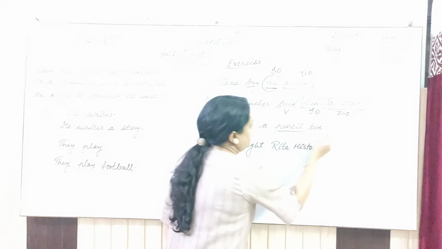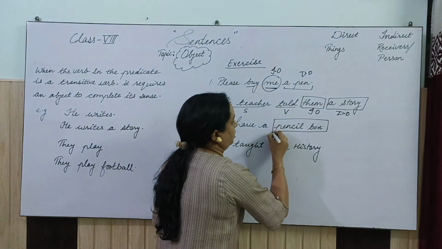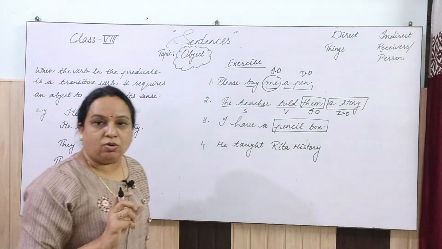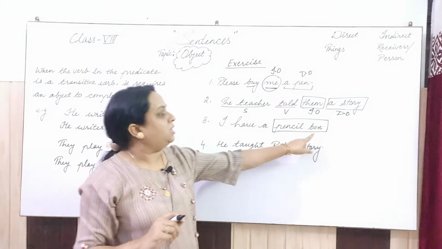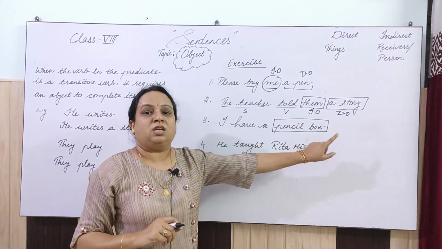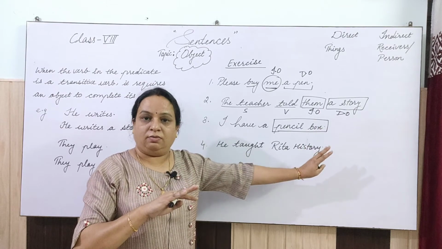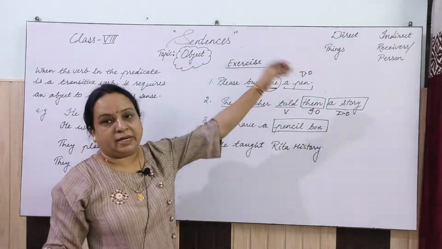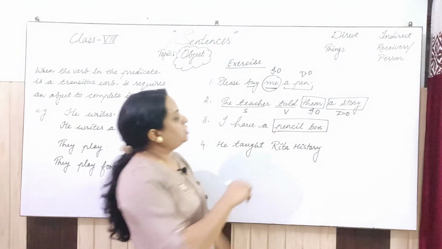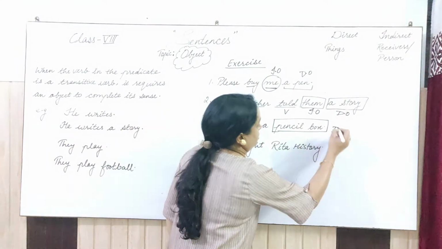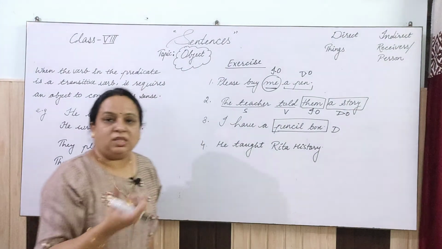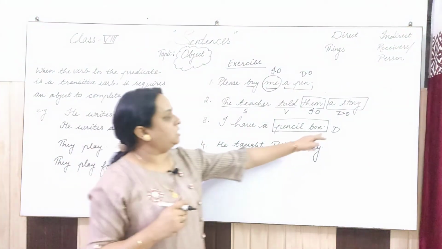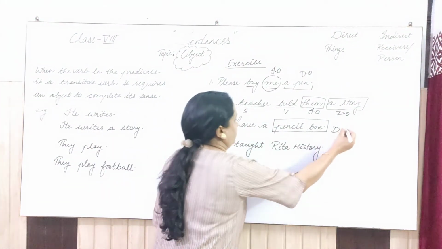Now a pencil box is what? It's a thing only. So it means this sentence does not have both kinds of objects. Now pencil box is what? That is thing. So things are which kind of objects? Direct object, or you may write down the thing, the object only. So this is direct object.